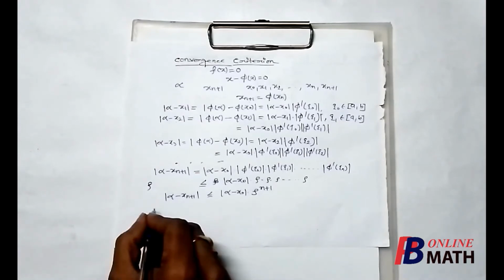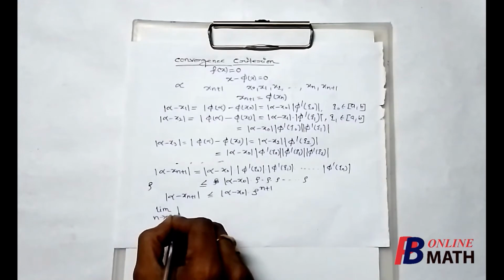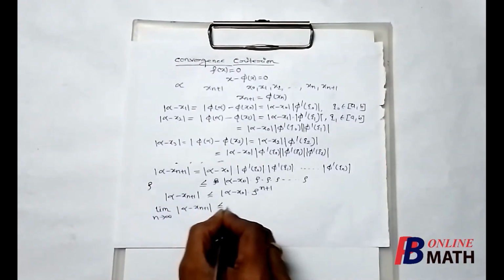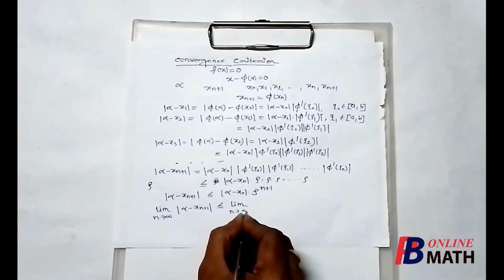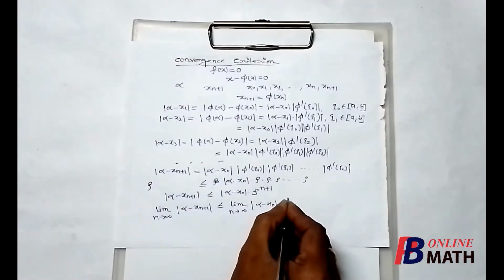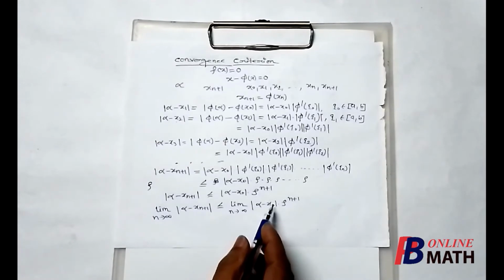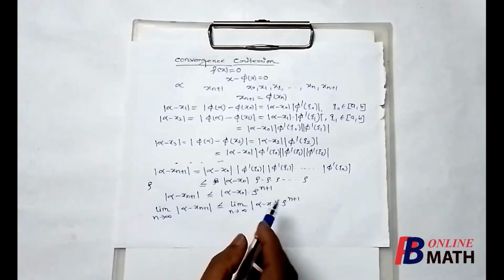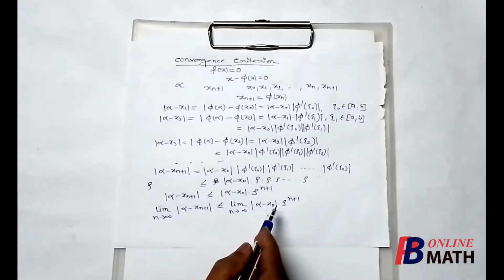Now if we take the limit n tends to infinity, then alpha minus xn plus 1 will be less equal to limit n tends to infinity of alpha minus x0, multiplied by rho to the power n plus 1. Now alpha minus x0 is independent of n, so we can take this quantity outside the limit, then it will be rho to the power n plus 1, where rho is a non-negative quantity.